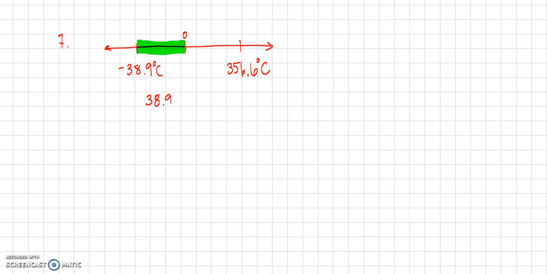And then we have to go the rest of the way, which is 356.6. So we're going to add those numbers. 38.9 plus 356.6 is 395.5 degrees, which is C.